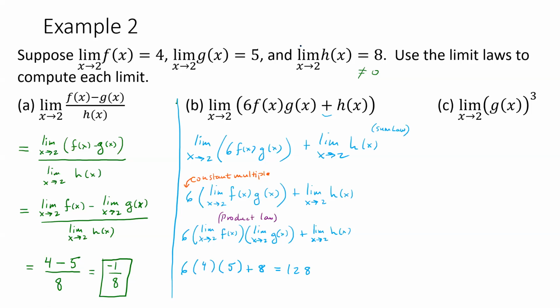Okay, let's do the last one here. Now this one is just, I think, one law that we have to apply, because it's just got this power of 3, right? So we know the power law says that this is equal to the limit as x approaches 2 of g of x, to the power of 3. And it's just the power law.